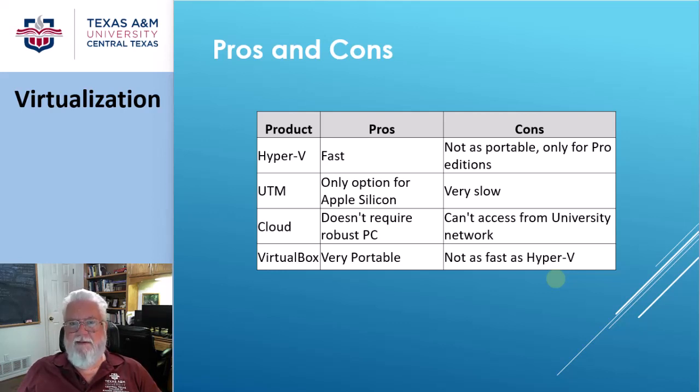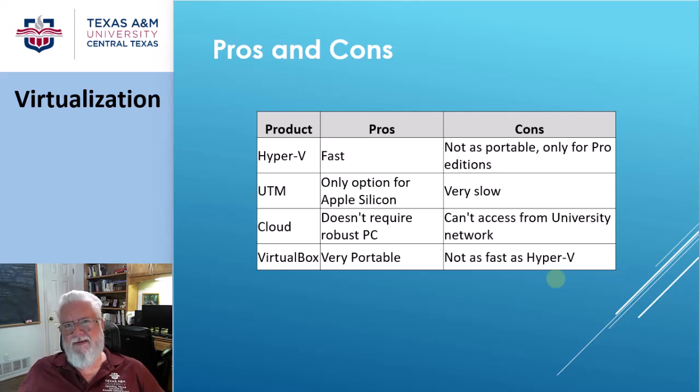I mean, well, noticeably slow. You move the cursor across the screen to click on something, you go, did I click on it? And then poof, it'll start to launch. It's like, wow. Cloud, great. Doesn't require a very robust machine. The only problem is you can't get there from the university.